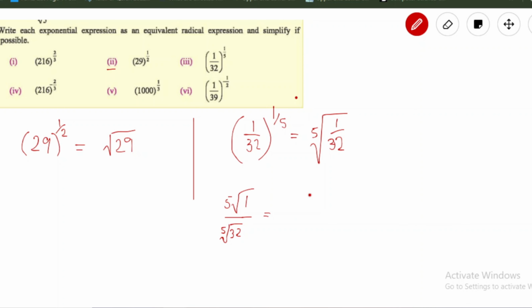Because when 1 is multiplied 5 times with itself, it will also give you 1. So we can write 1 as 1 to the power 5. So the fifth root and this power get cancelled, and this 32 can be written as 2 to the power 5. And how do we know that this 32 can be written as a power of 5?